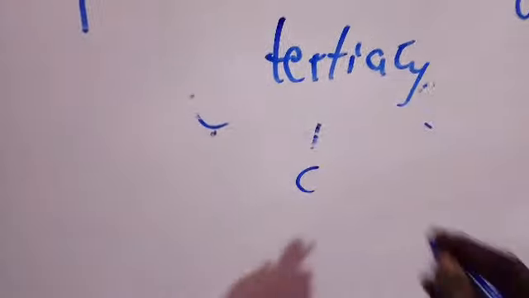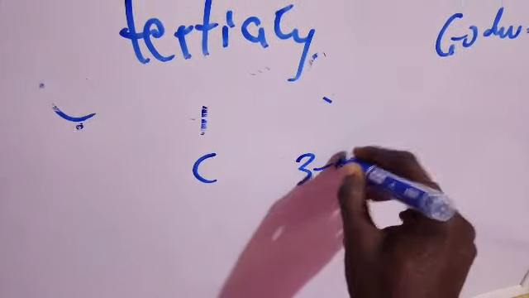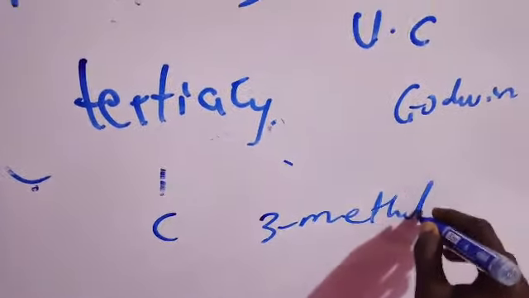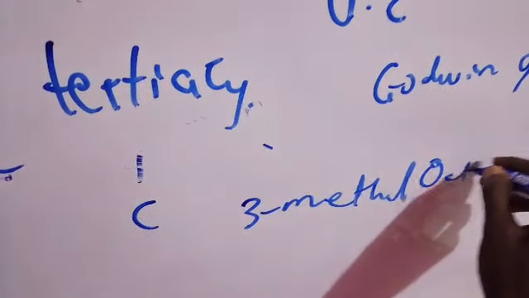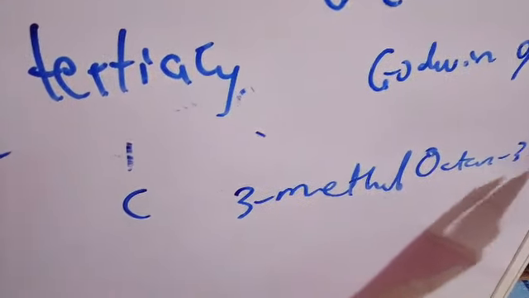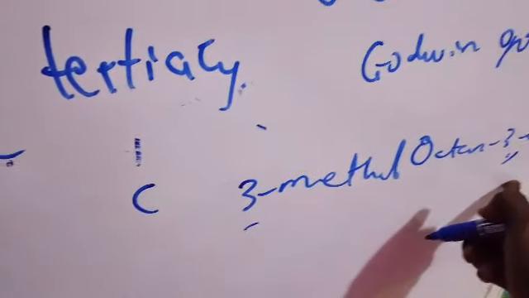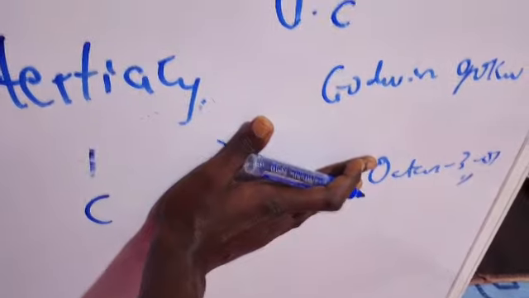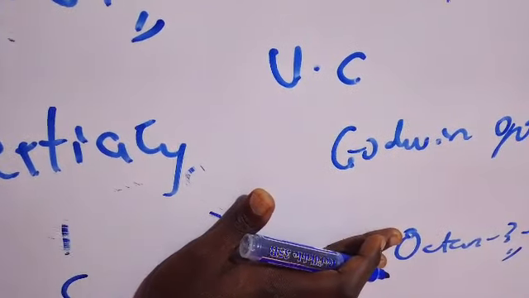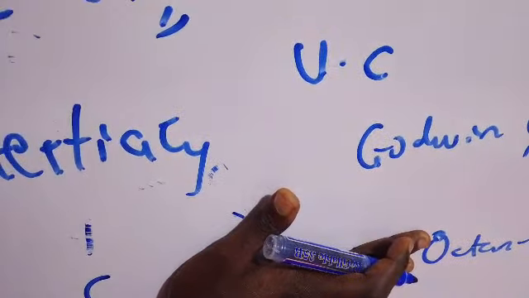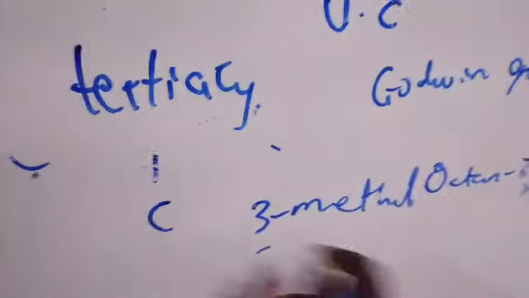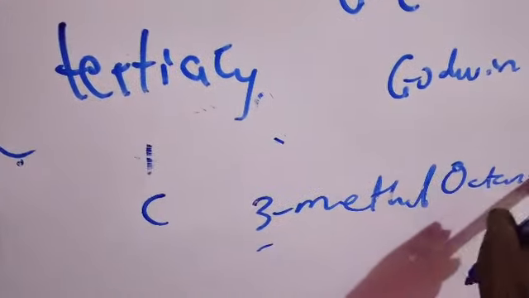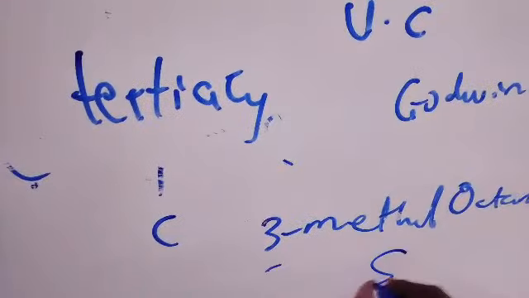When you have the same numbers, for example, let's say 3-methyloctan-3-ol, if it's the same, that is a tertiary alkanol. But if the 3 was not there, if they just wrote octan-3-ol, that would be a secondary alcohol. Or for example, if they write 3-methyloctan-2-ol, this one is an example of a secondary alcohol.